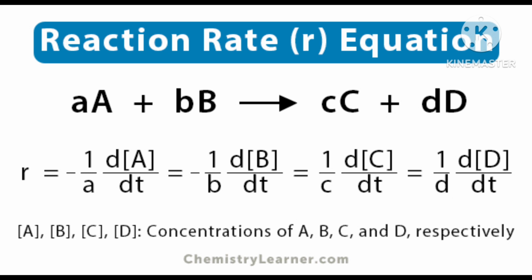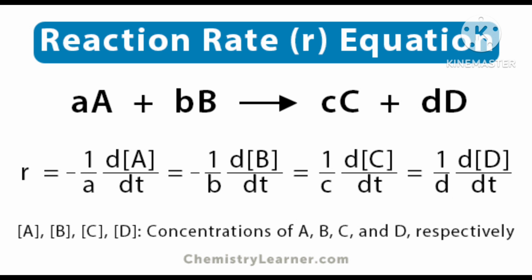But in a slow reaction, the products also form at the same time, but the quantity will be very small. The concentration of A will decrease slowly, the concentration of B will decrease slowly, and C and D will form in the same way and at the same rate.